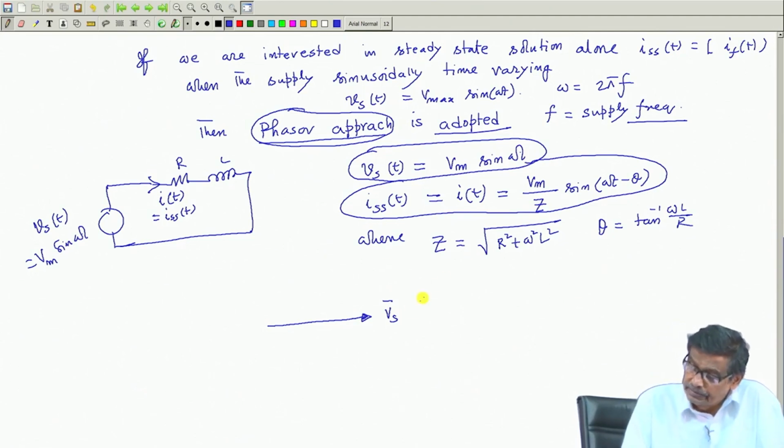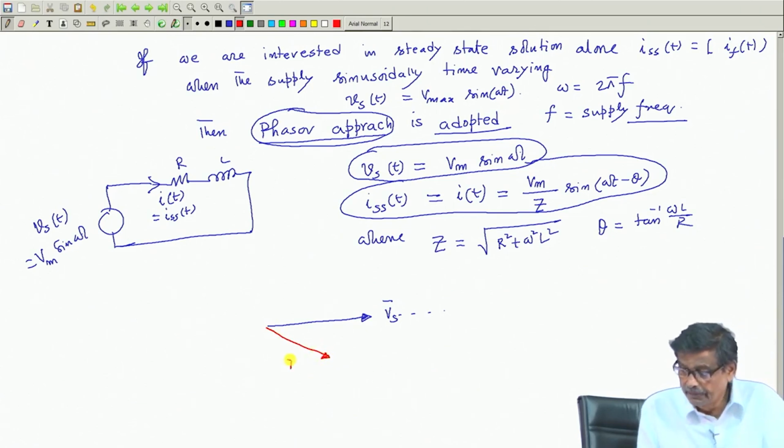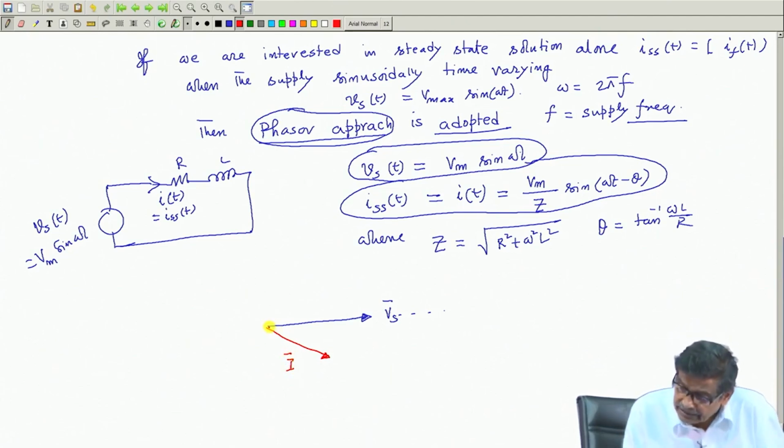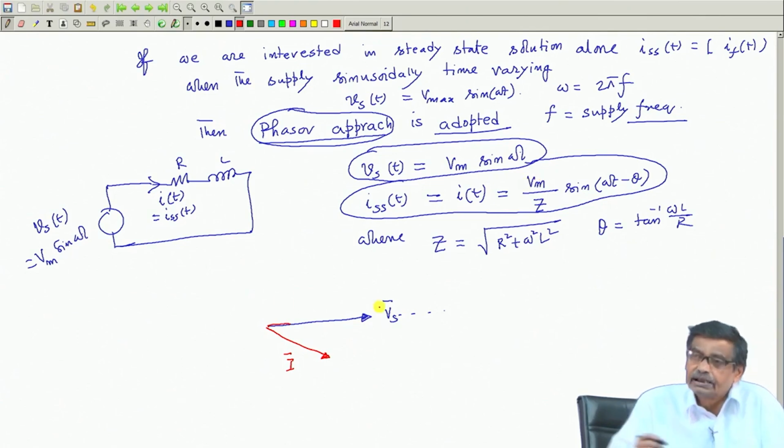If you do it, then your current phasor will be lagging this by an angle theta. This is I bar. What is the length of this? Length is Vm. What is the length of this? Vm by Z. That is what I am telling.